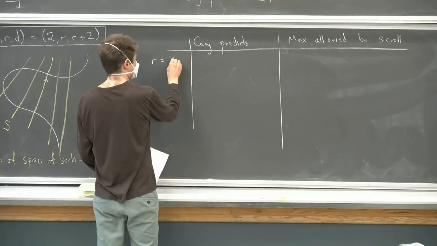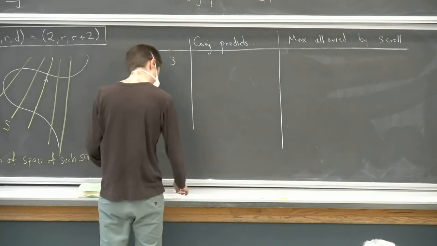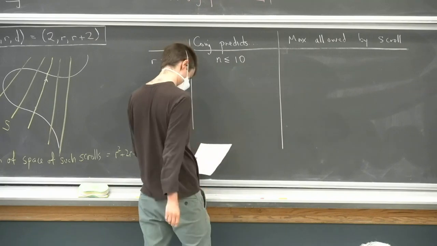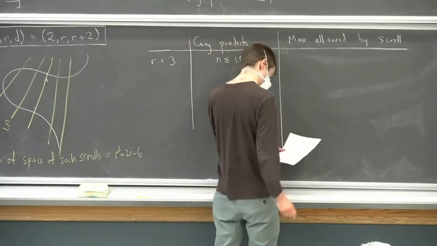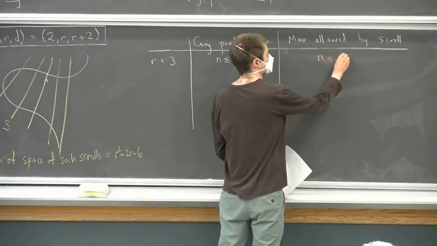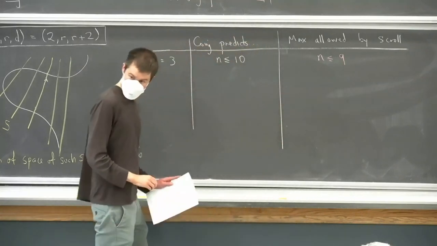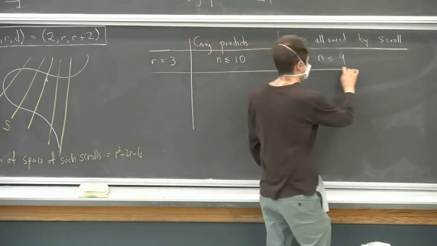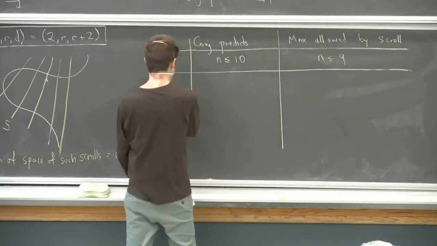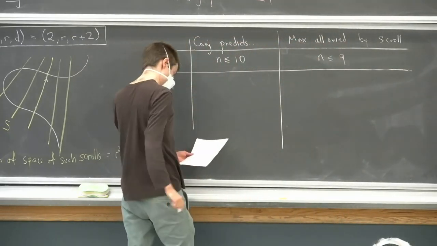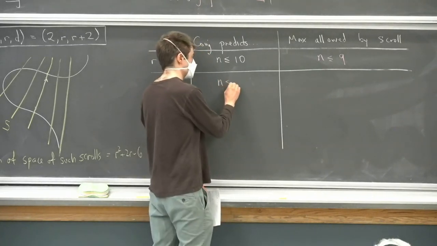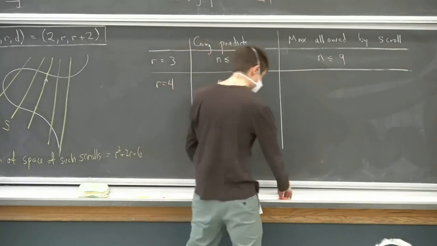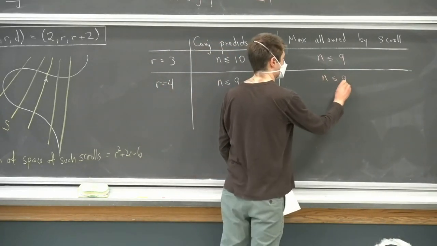We can look at r equals 3, where the conjecture predicts that n should go up to 10, but the maximum allowed by the scrolls is n up to 9. You can look at r equals 4, and here the dimension count predicts n up to 9, and the maximum allowed by the scroll is n up to 9.